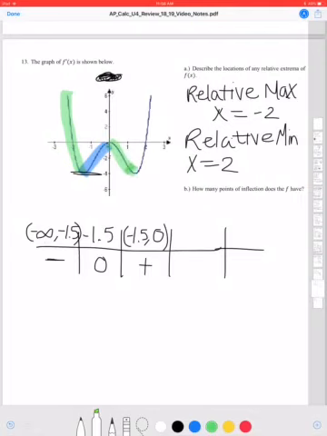Alright, and then we've got a negative slope again from 0 to 1.5.